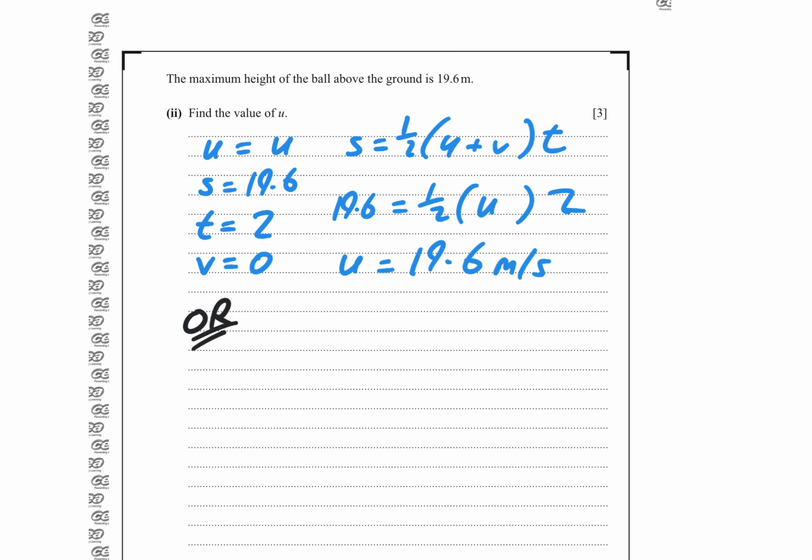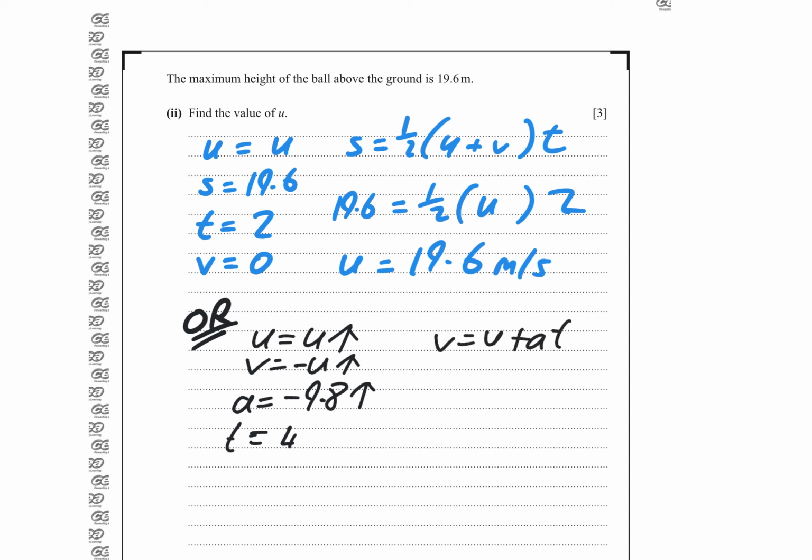So if your initial speed is u upwards, your final speed when you get back down to the ground is going to be minus u. Your acceleration due to gravity is minus 9.8, and my total time for this was 4 seconds. So we're going to use v is equal to u plus at, which means minus u is equal to u plus minus 9.8 times 4.